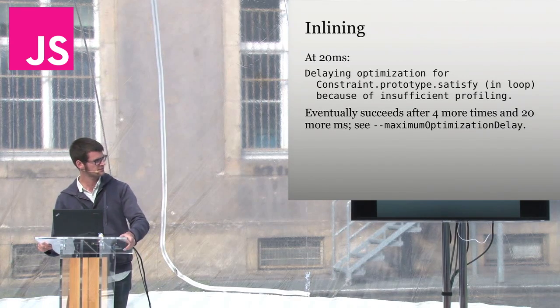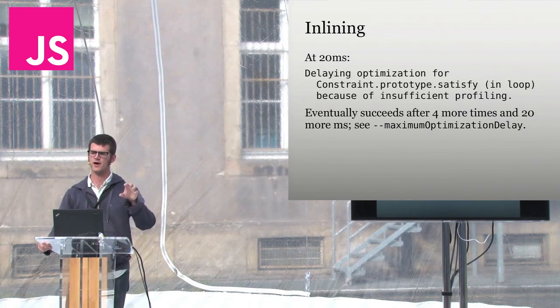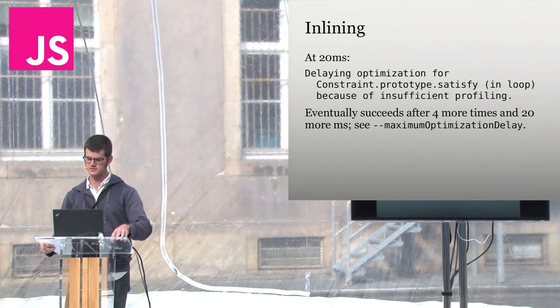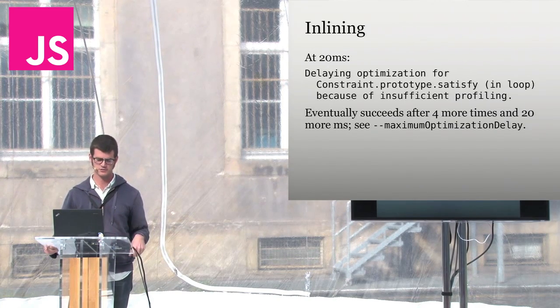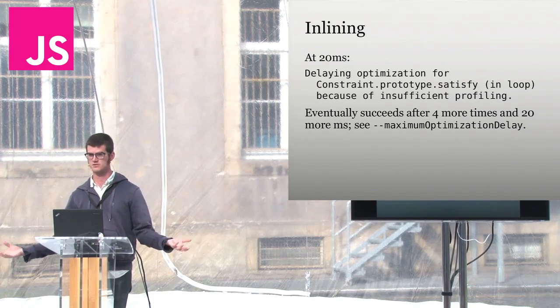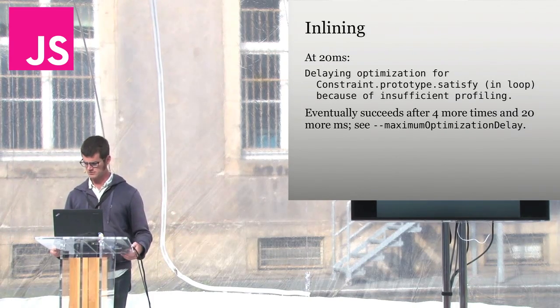In this case, it hits the maximum of 5 attempts to profile. So it starts first after 20 milliseconds, and then eventually, after trying again 4 more times, at 40 milliseconds in, it goes ahead and creates the optimized code. It's like it would like more information, so it waits. It doesn't find it, so it produces the code.